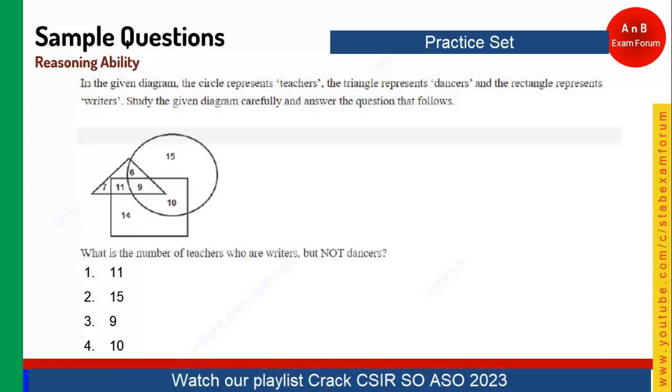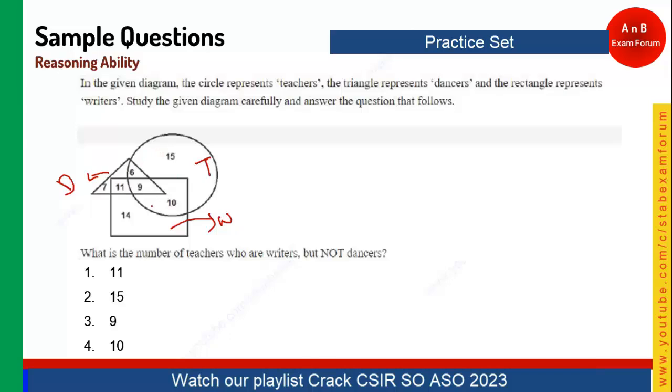Okay, time's up. A very simple one. What does this question indicate? There are certain figures which they are representing. The circle represents teacher, the triangle represents dancer, and this rectangle represents writers. You need to answer what is the number of teachers who are writers. So let's see who are the writers.